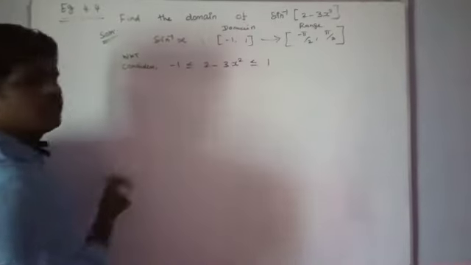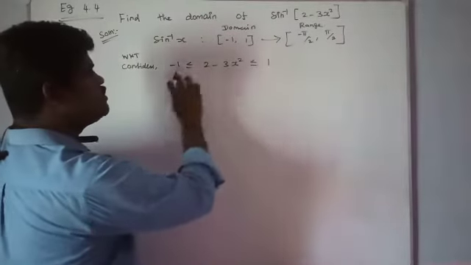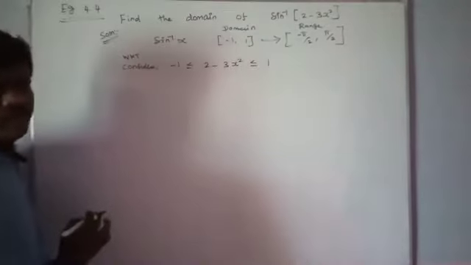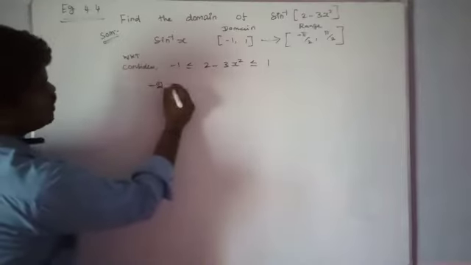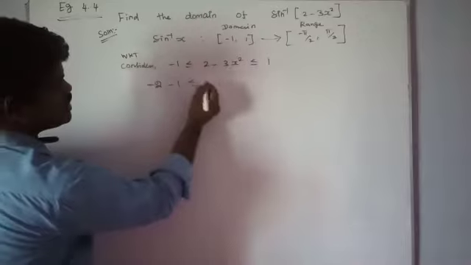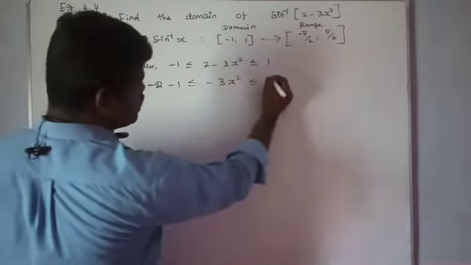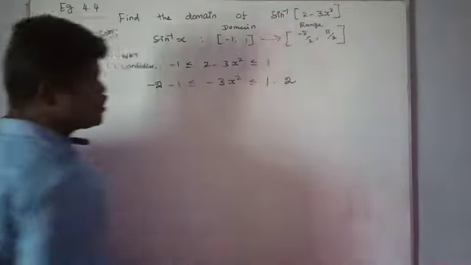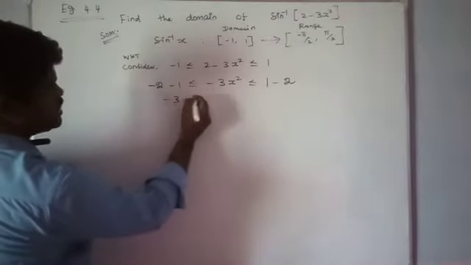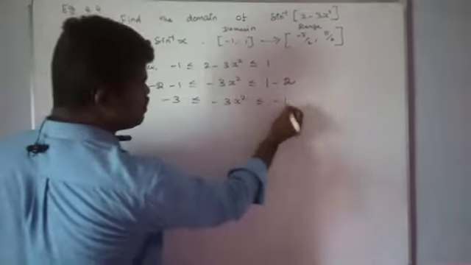Take 2 to this side. In this inequality, the 2 must go to the other side, so minus 2. Minus 1 minus 2 is minus 3, less than or equal to minus 3x squared, less than or equal to 1 minus 2, which is minus 1.